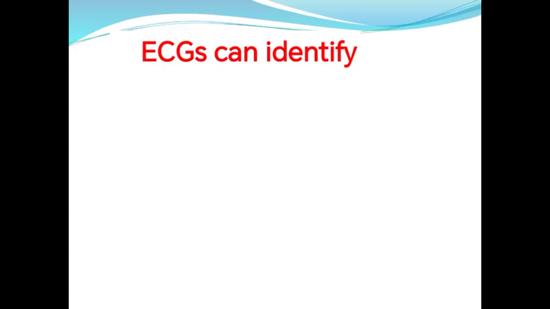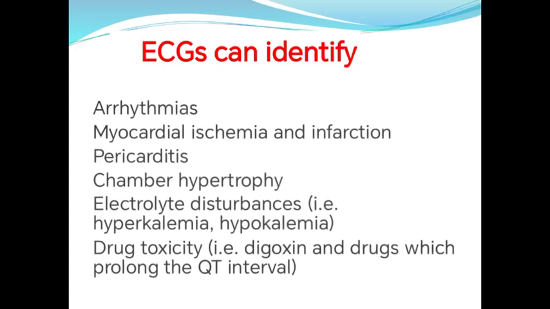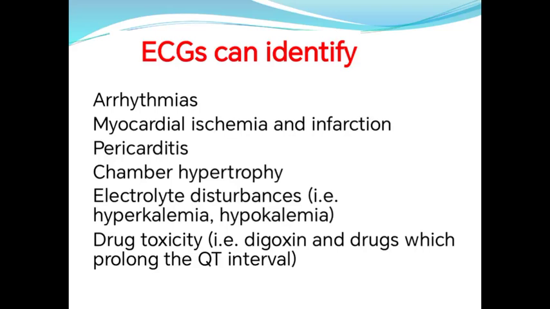The ECG can identify, first, arrhythmia and ischemic heart disease. Number one, arrhythmia: you can diagnose arrhythmia using the ECG. You can diagnose ischemic heart disease, like acute myocardial infarction or chronic ischemic heart disease.